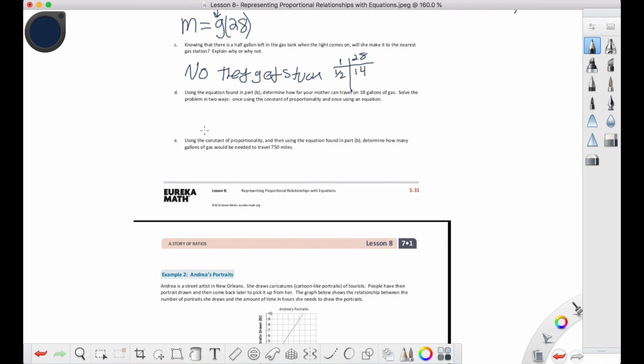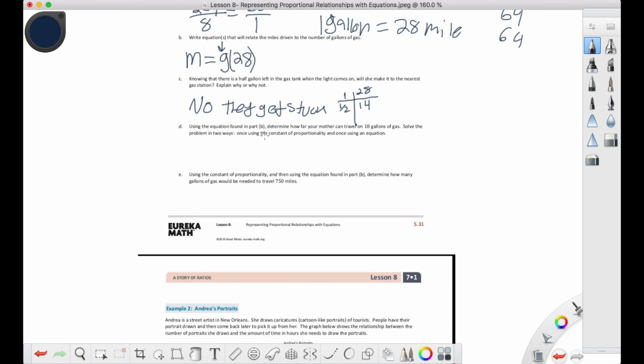Okay. Using the equation found in part B, determine how far your mother can travel on 18 gallons of gas. Solve the problem in 2 ways. Once using the constant of proportionality, and once using the equation. Okay? Well, they're kind of the same thing, so let's just do it one way and say we did it both.